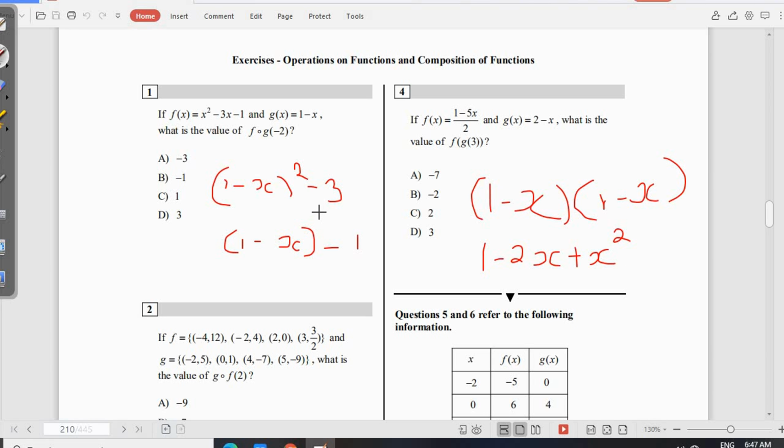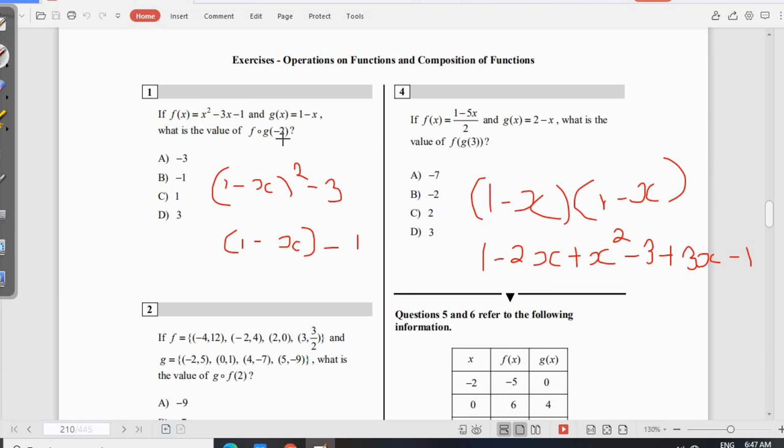And we have, expand this, minus 3 plus x plus 3x. Minus 3 plus 3x. Then you have minus 1 at the end. Now that is your f of g. This is f of g.